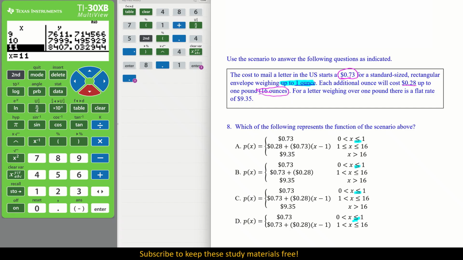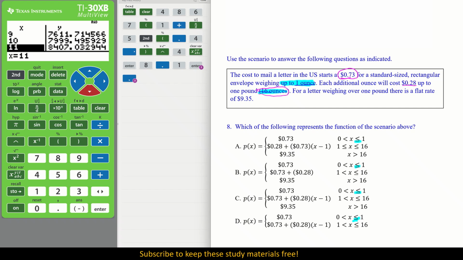So let's go to part 3 of the piecewise issue. Each additional ounce will cost 28 cents up to 1 pound or 16 ounces. Now, let's think this out. If I'm at an ounce or under, it costs this. But what if I'm over?